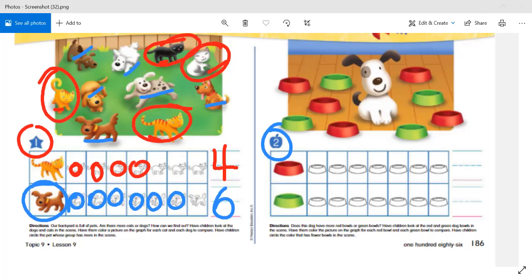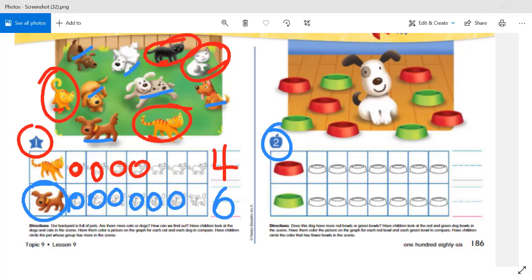It says, does the dog have more red bowls or green bowls? Have the children look at the red and green dog bowls in the scene. Color the picture on the graph for each red bowl and each green bowl so you can compare. And then circle the color that has fewer bowls in the scene.